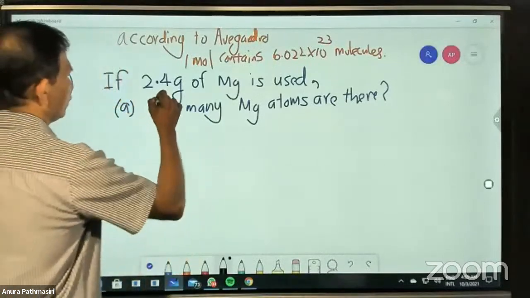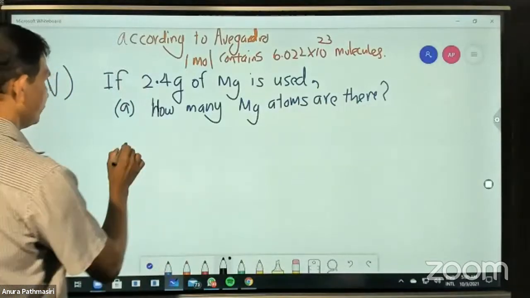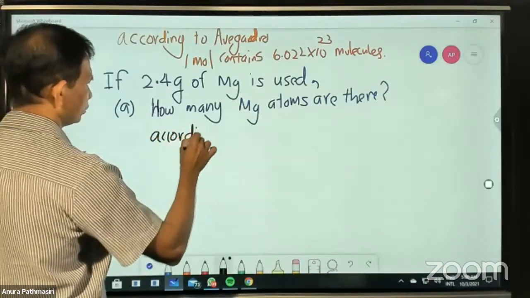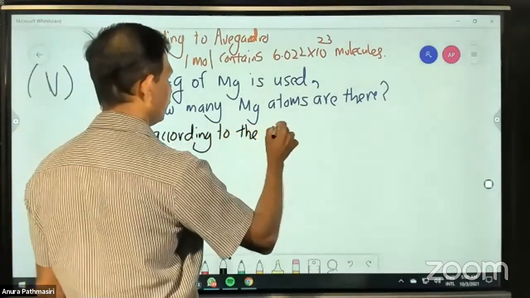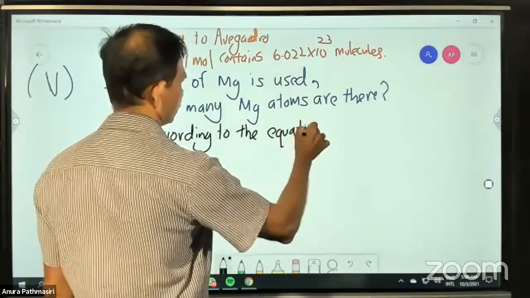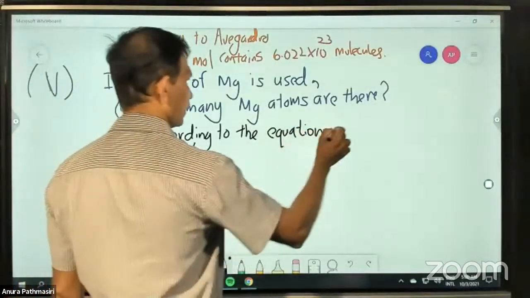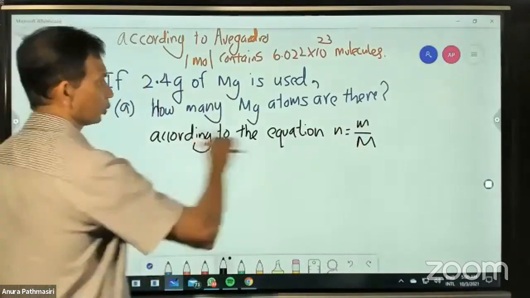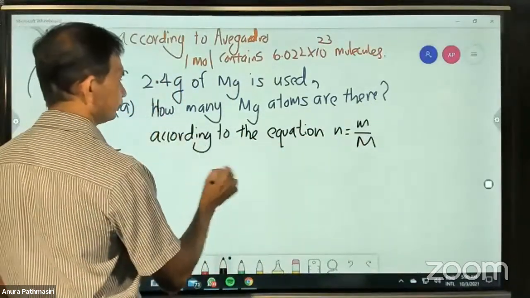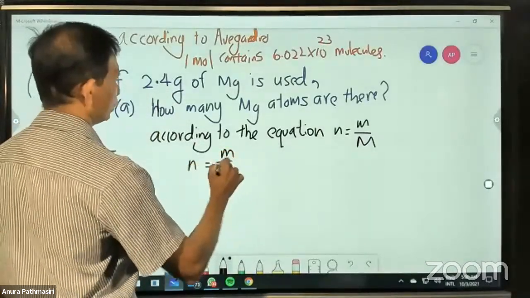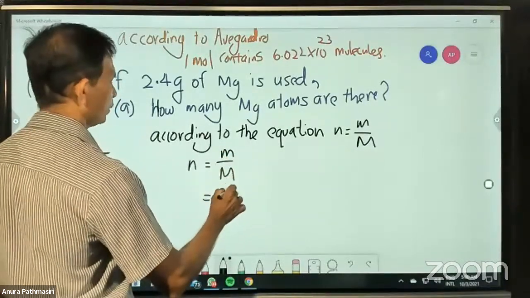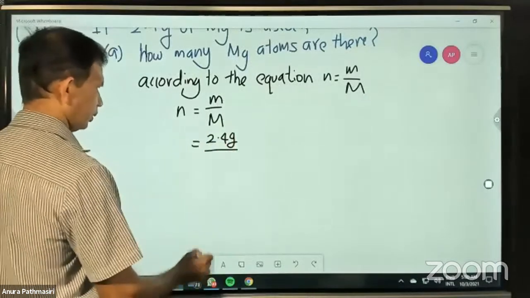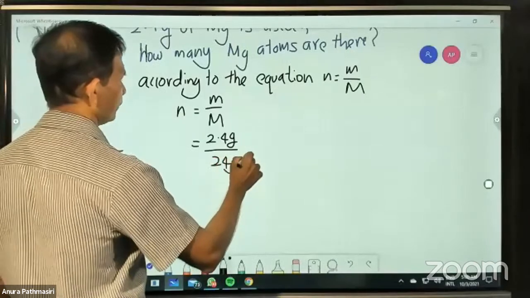Okay. How many atoms are there? So the relationship is, according to the equation, n equals m over M. You don't have to write these answers, but just for your knowledge, I'm giving. n equals m over M. Small m is 2.4 gram, and capital M is equal to 24 gram per mole.